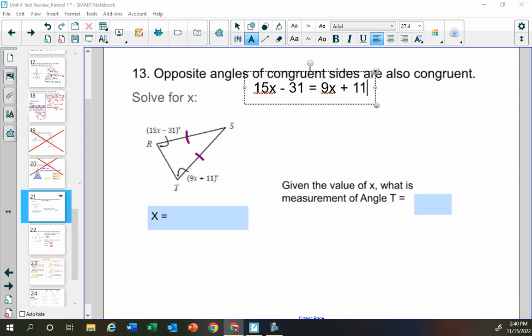I want you to just solve for X for this one for a moment. We're going to talk about the angles in a moment. Don't fill in the angle boxes yet. It's something totally different. So, if you are doing number 14, don't fill in the angle boxes yet. Don't solve for the angles yet.